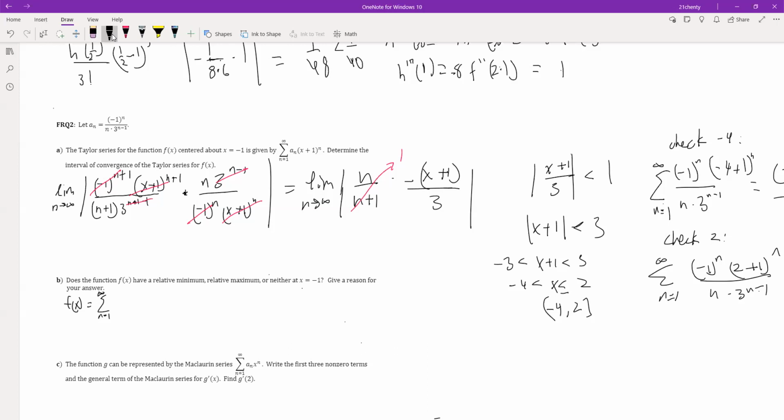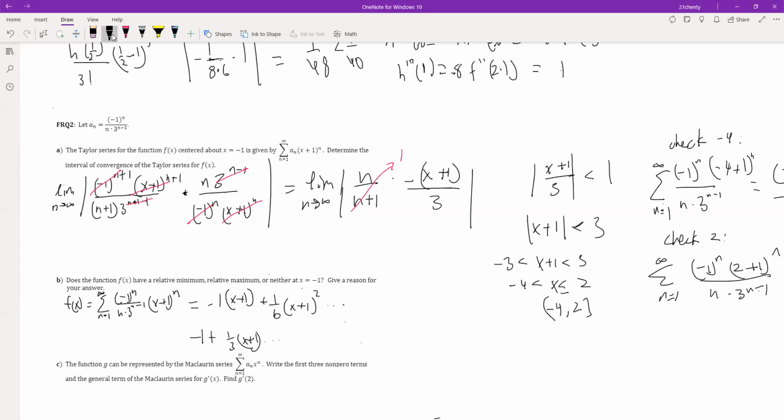Anyways. And at x equals negative 1, well, this is just going to equal negative 1 times x plus 1, plus 1/6 times x plus 1 squared, etc. And if we take the derivative of all this, because we're looking at relative minimums and maximums, we get negative 1 plus 1/3 times x plus 1.